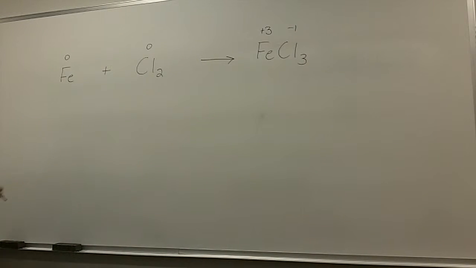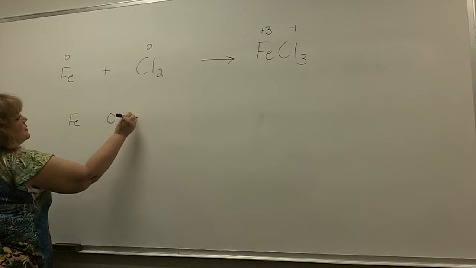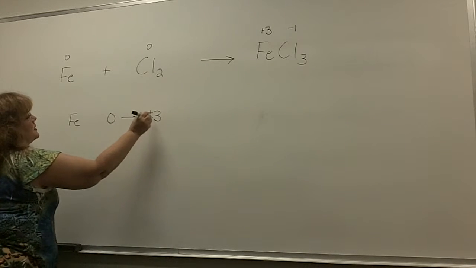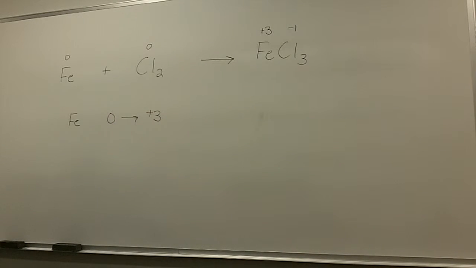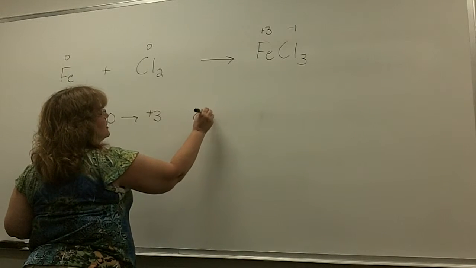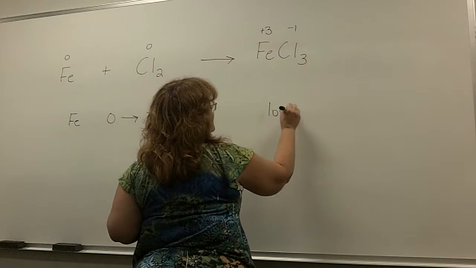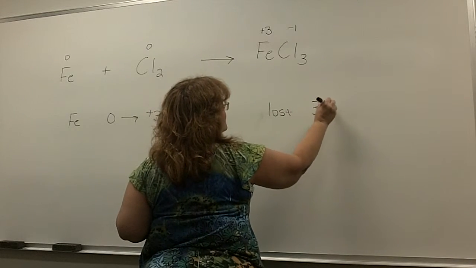So iron has gone from 0 to +3. So what's it done? It's oxidized. It's lost 3 electrons.